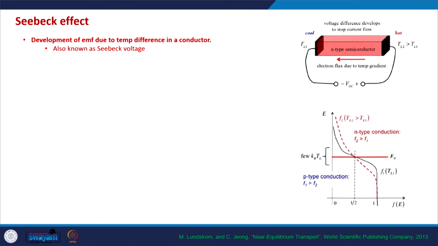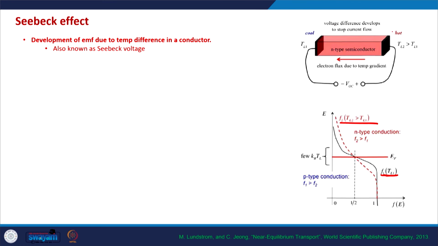The way to understand this is just from the Fermi function, and this we have seen in other forms as well. F1 is the Fermi function at temperature TL1, and F2 is the Fermi function at temperature TL2, and TL1 is less than TL2.